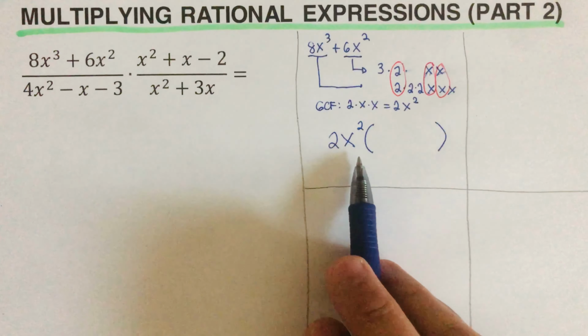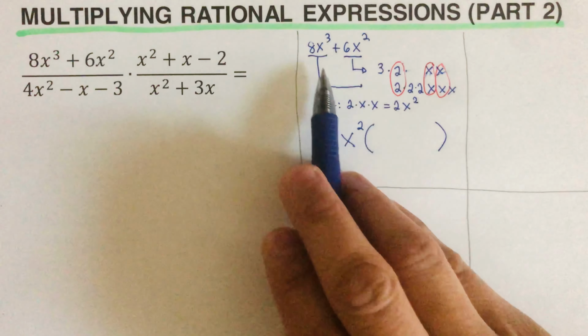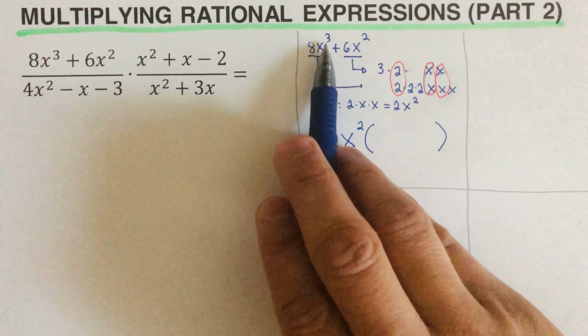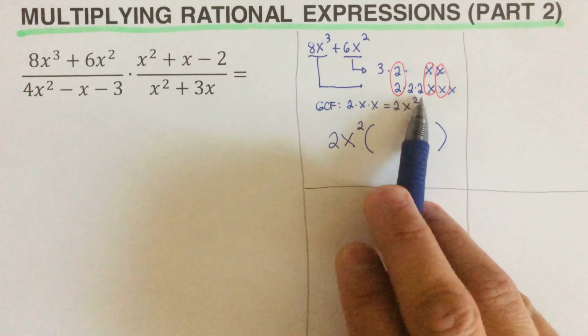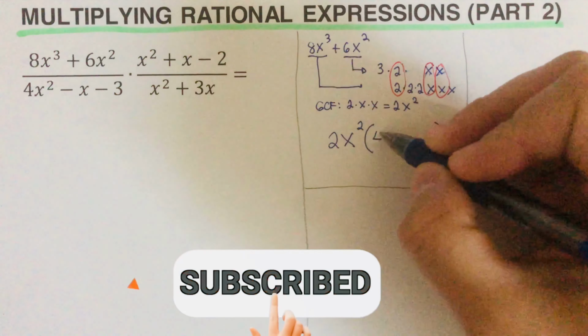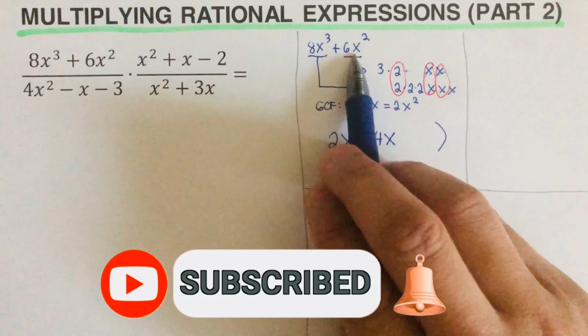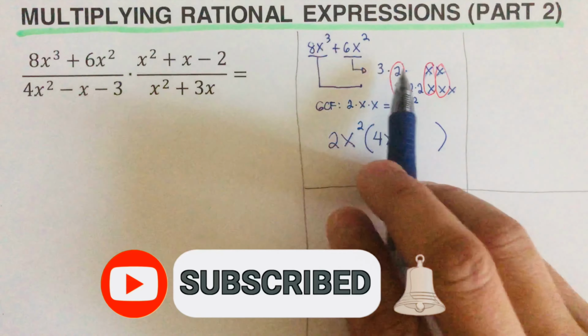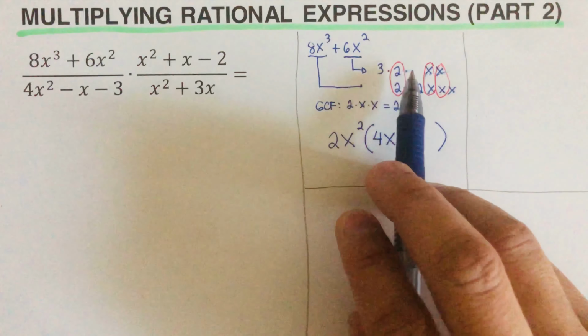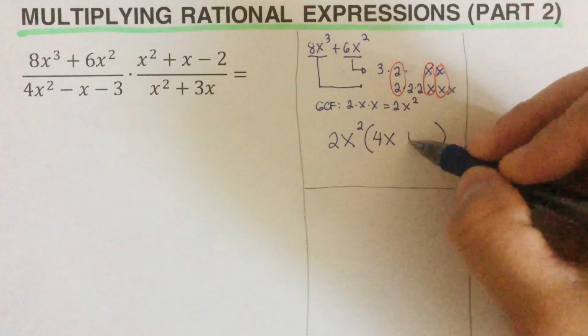Now what we put inside the parentheses is the leftover. So for the first one, 8x cubed, the leftover would be 4x. So I'm just going to write 4x right here. And the leftover for 6x squared after we factored out the common factor is 3. So there's going to be plus 3.